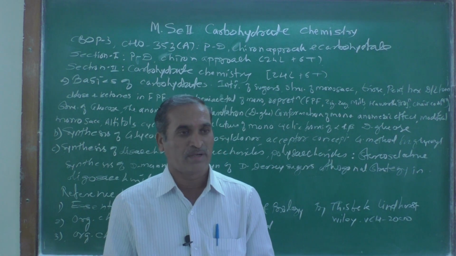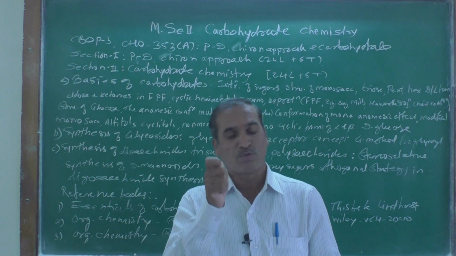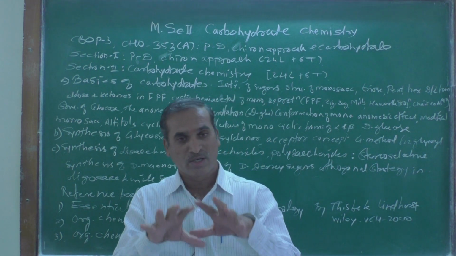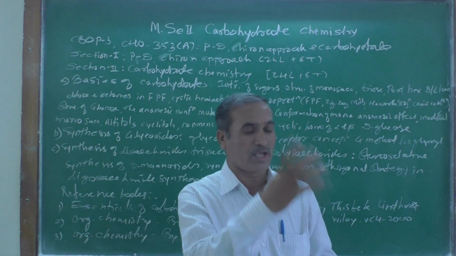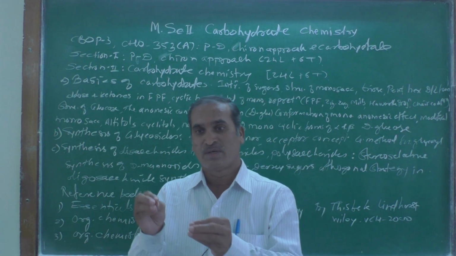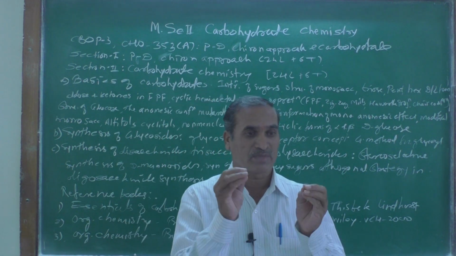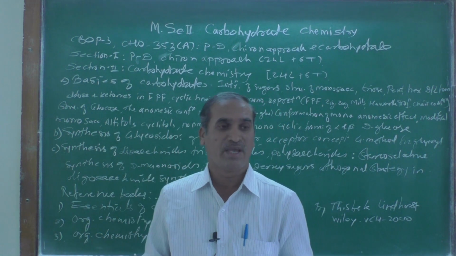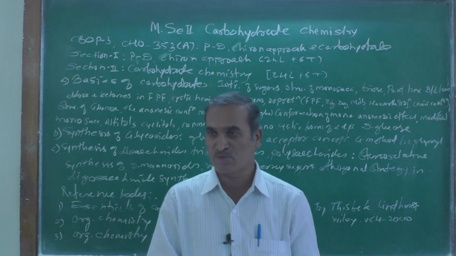Therefore we should visualize that molecule in three dimensions. So the study of organic compounds is on 3-dimensional structures. For that, these carbohydrates are mainly represented on the basis of the Fischer projection formula.